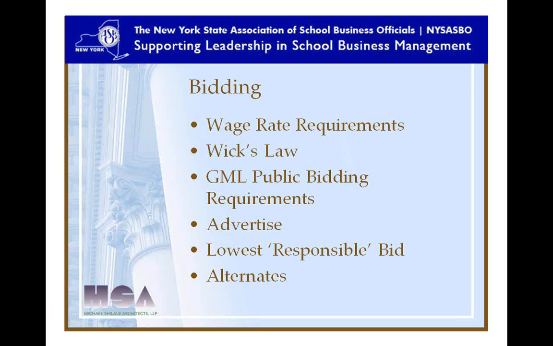You'll have to meet all the general municipal law public bidding requirements, and I'm sure you guys know how to do all that, advertising, going with your lowest responsible bid, which is a challenge for us in the public sector. But as I said before, one of the strategies we use to help control costs is the design of alternates. Many projects we have 10 to 20 different alternates, only because, as we said before, we can't really control the bidding environment and the construction costs.